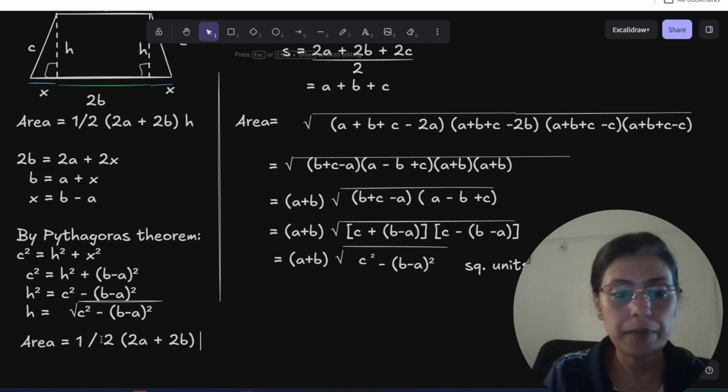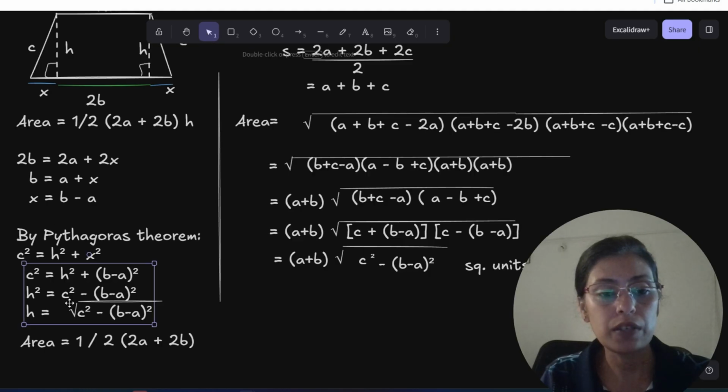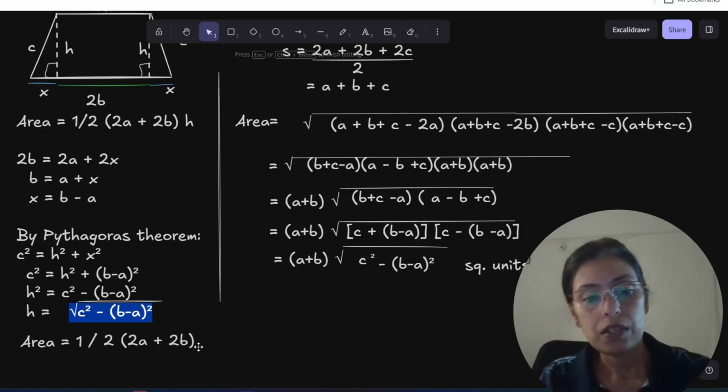So h will be this. For some reason I'm not able to select it. So let me copy it. Let's see if I'm able to copy. Yes, I was able to copy.